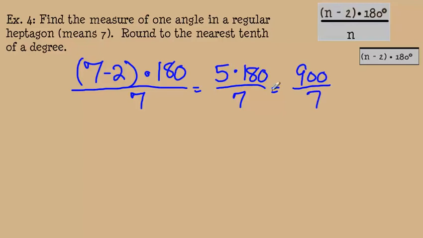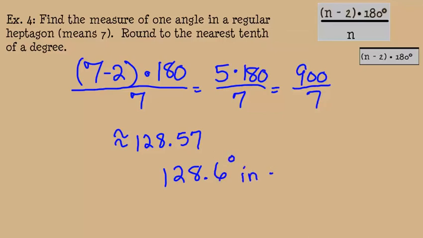And I get, okay, now I get a decimal here. So I get about 128.57. But it tells me to round to the nearest tenth. So my final answer is 128.6 degrees in each angle. Now that's not a complete sentence, so let's fill in before it. There is 128.6 degrees in each angle, period.